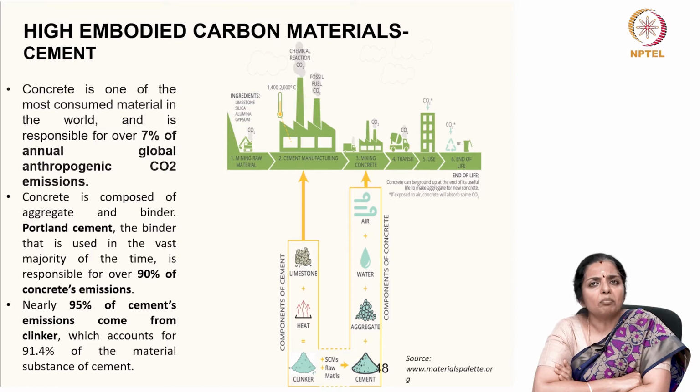Nearly 95% of cement's emissions come from clinker, which accounts for 91.4% of the material substance of cement. Clinker is produced by heating limestone plus clay at 1450 degrees centigrade, which precipitates a chemical reaction called calcination.